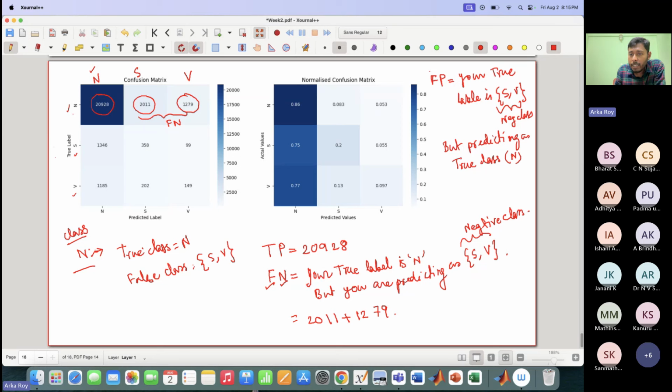So your prediction is again false. And what you are predicting is the true class, that means the positive one. So that is why it is called false positive.